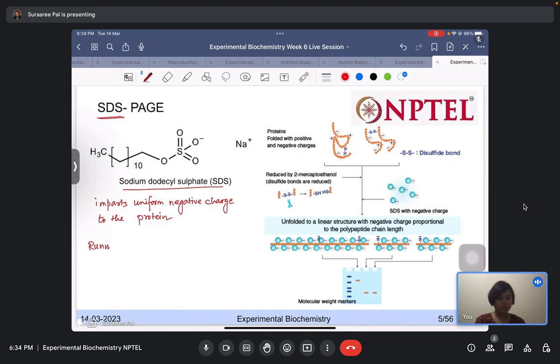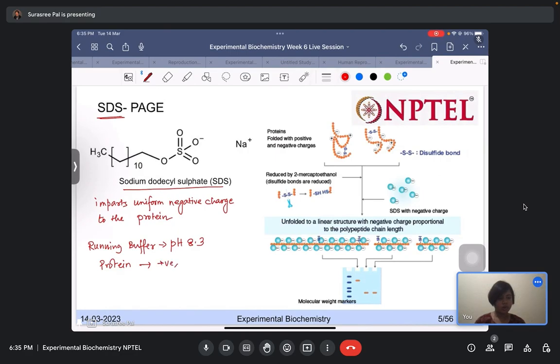Now see, our gel running buffer in which we will run the SDS-PAGE gel has a pH of 8.3. We know proteins have their specific pIs, which is the isoelectric point. If the pH is greater than the pI, or less than the pI, then the protein will be either negatively or positively charged.